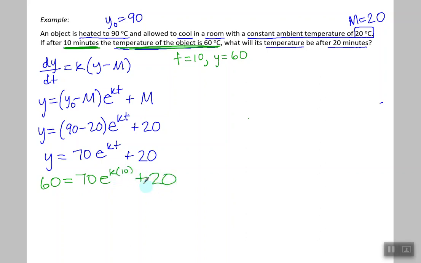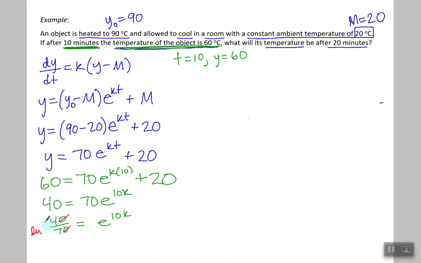Solving to get k, we start by subtracting 20 from both sides and get 40 equals 70 e to the, I'm going to write that as 10k. Then we can divide both sides by 70, so 40 divided by 70 equals e to the 10k. And instead of 40/70ths, I can divide by 10 and get 4/7.